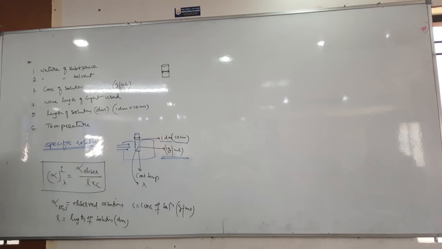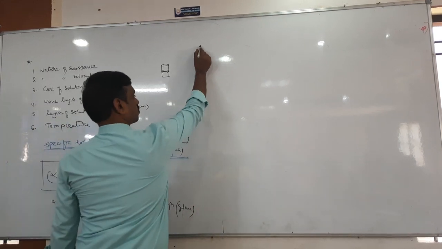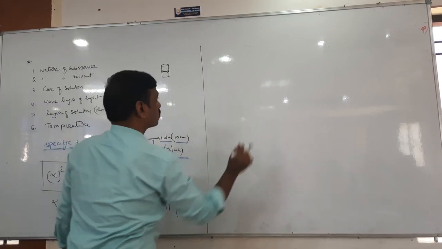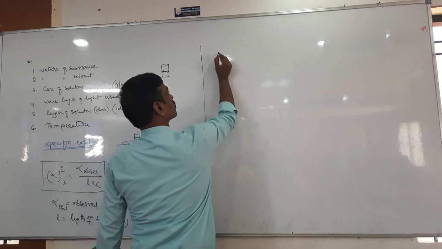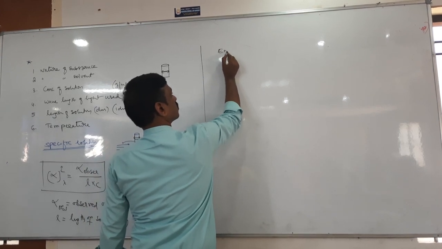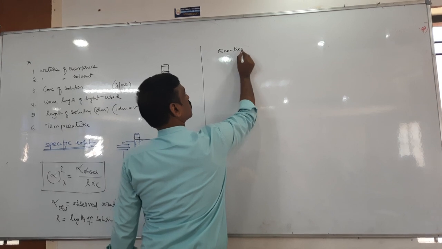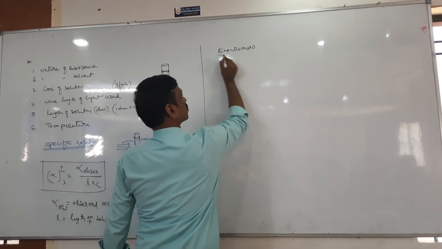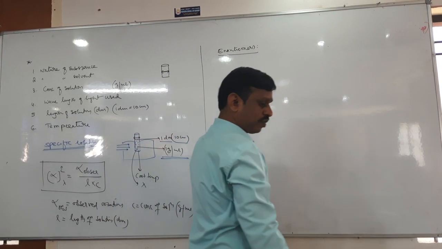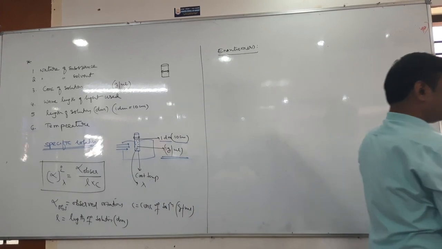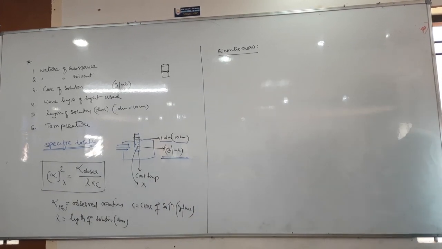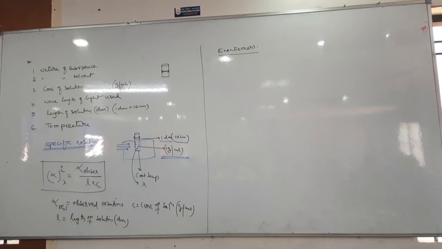So take the formula: alpha at degree Celsius and lambda equals alpha observed divided by L into C.